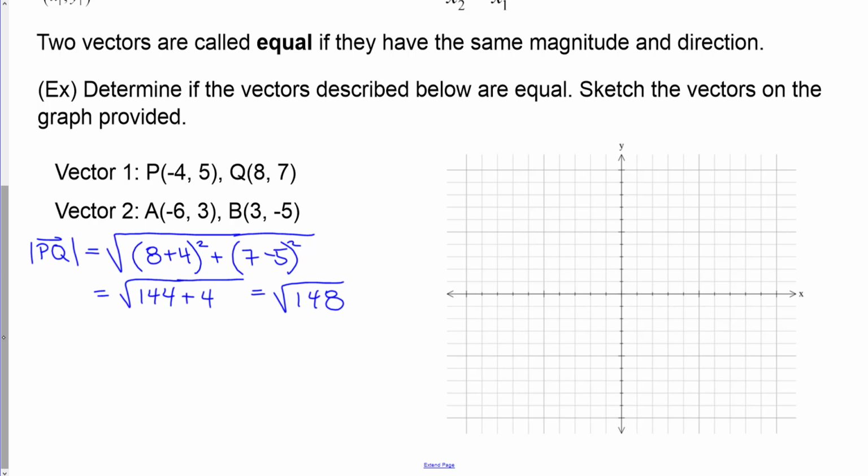So let's calculate that length. So vector AB, I would take x2 minus x1, so that would be 3 minus negative 6, so 3 plus 6, quantity squared, plus negative 5 minus 3, quantity squared.